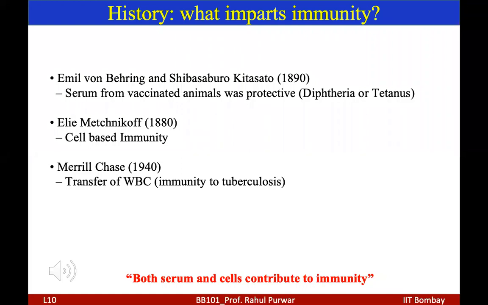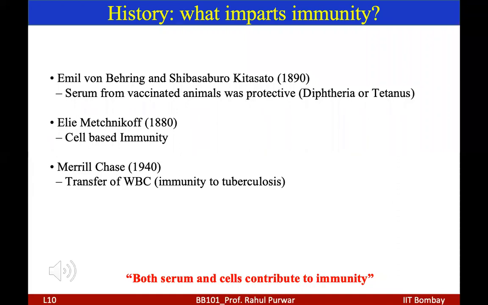And now we know that those cells are the T cells, B cells, neutrophils, phagocytes. Now we will go through what type of cells cause good immunity. But he proposed the concept that not just the non-cellular fraction, but also the cells impart the immunity.